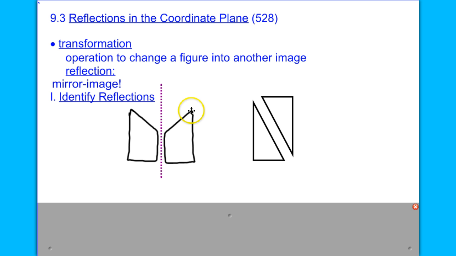This one's on the positive side, and this one's on the negative side. Otherwise, it feels like it's in the same location, just the opposite side. Let's say this is the y-axis, and the very base is on the x-axis.